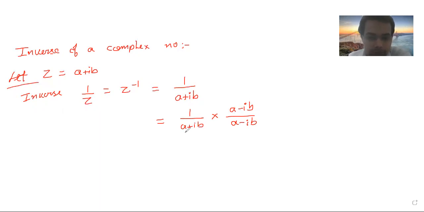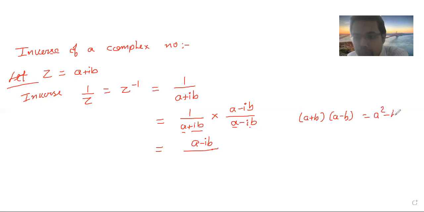So we did this. Now it will be a minus ib in the numerator, and in the denominator it is in the form of a plus b and a minus b. The formula for a plus b times a minus b is a square minus b square.